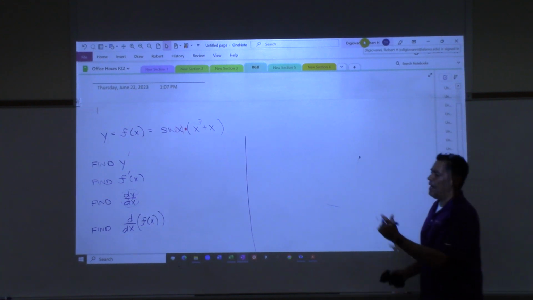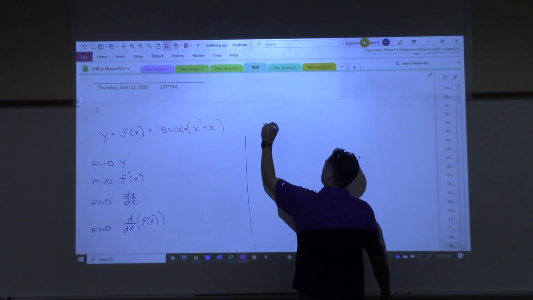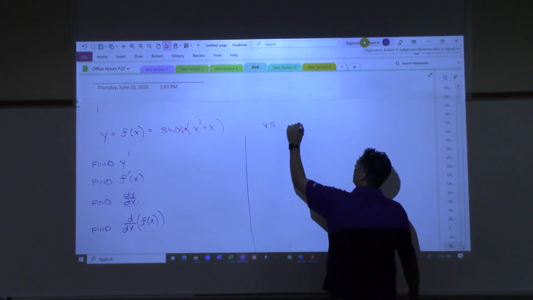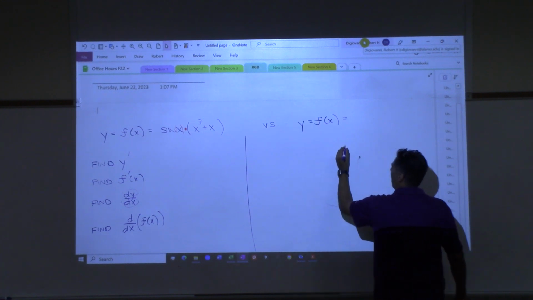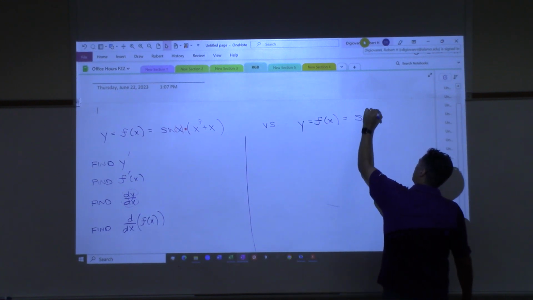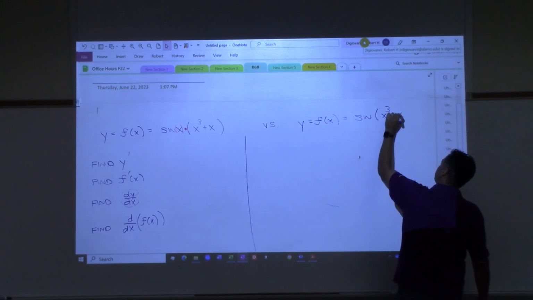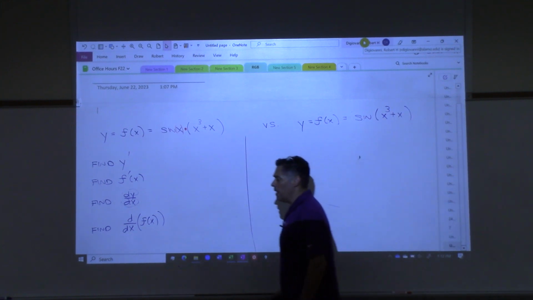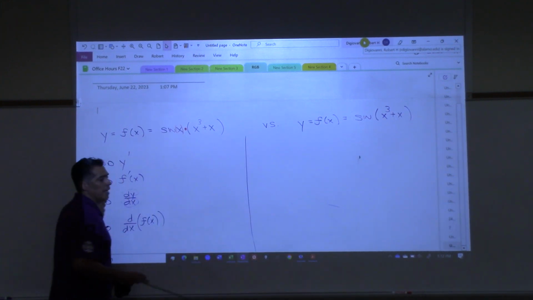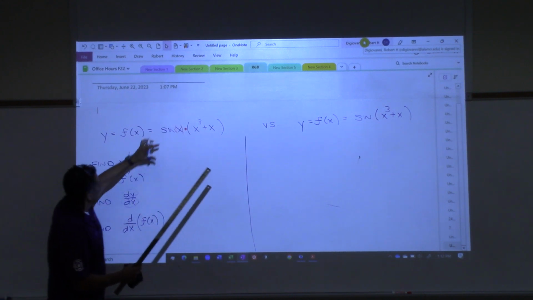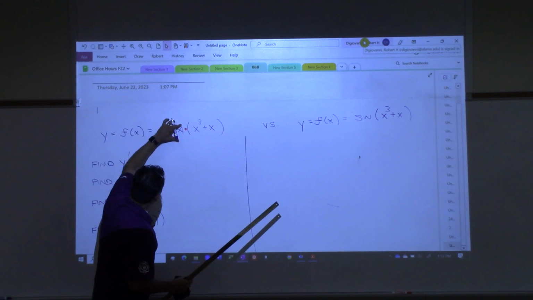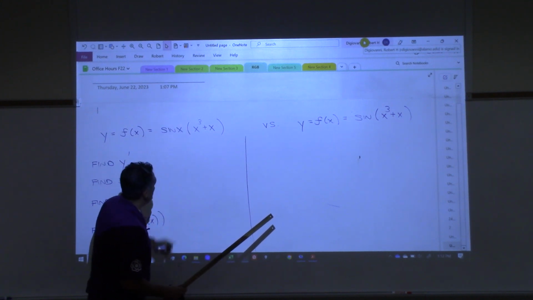I want you to compare that to this other function. I'm still going to call it y, is f of x. The big difference between these two is a subtle thing, but it's big. I initially didn't write it with the parentheses, so I'm going to take the parentheses away, and take the dot away.